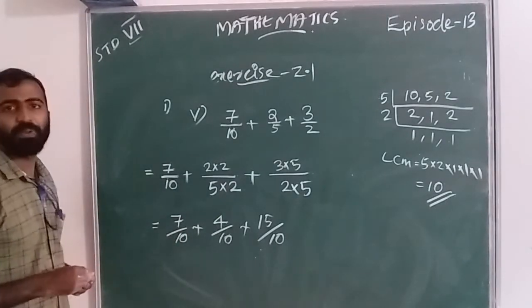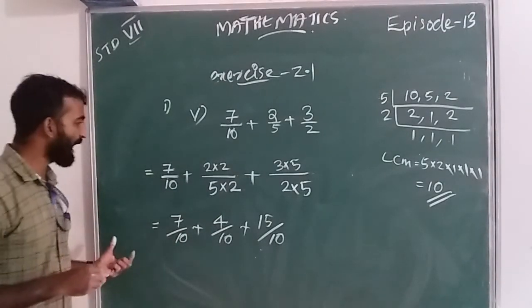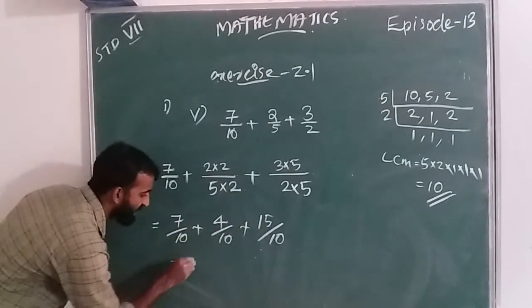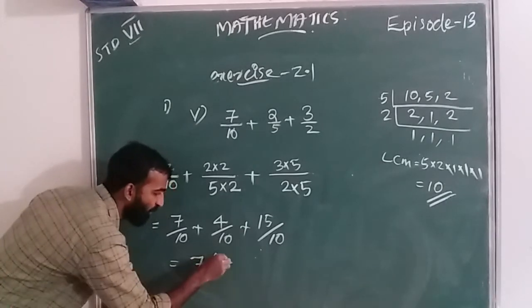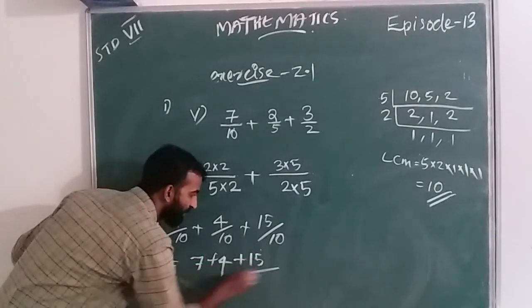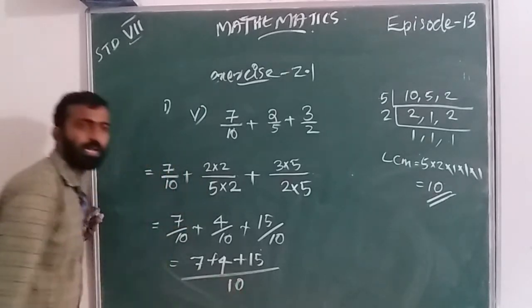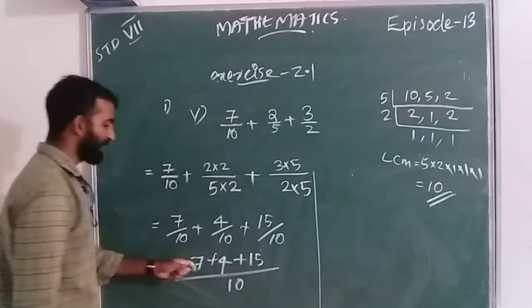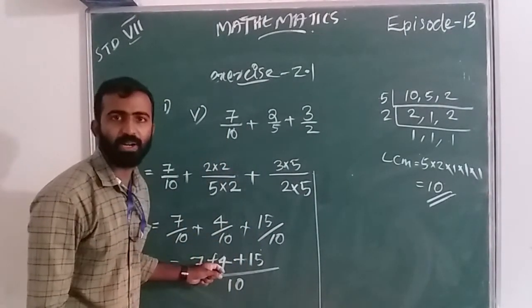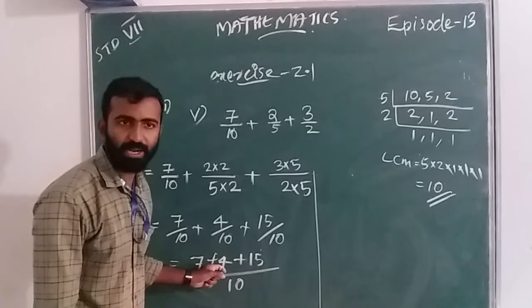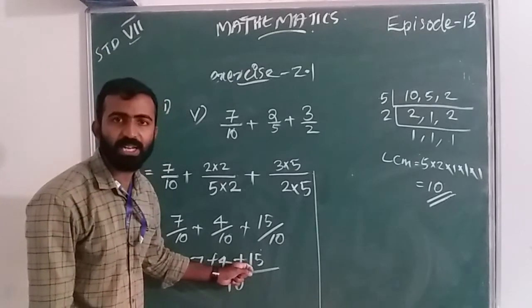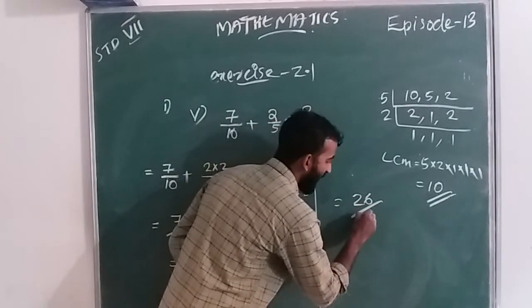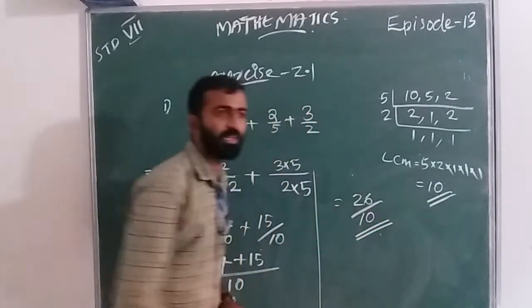Here the denominator is the same, so we can add the numerators: 7 plus 4 plus 15, divided by 10. 7 plus 4 we get 11. 11 plus 15 we get 26. The last answer is 26 by 10.